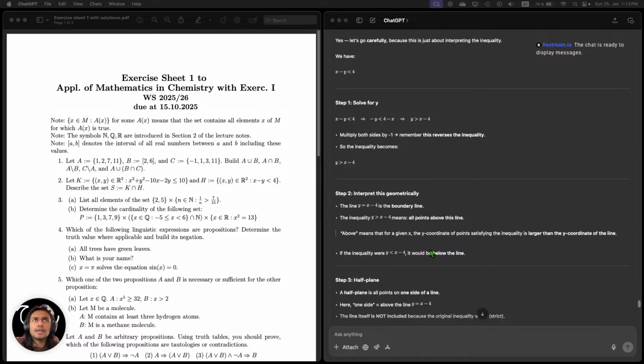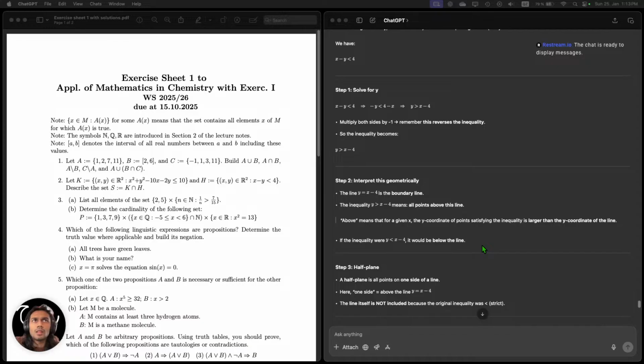Above means that for a given x, the y coordinate of the points satisfying the inequality is larger than the y coordinate of the line. What?